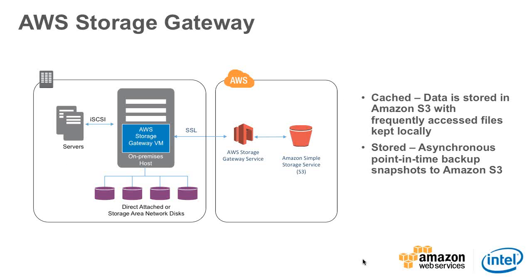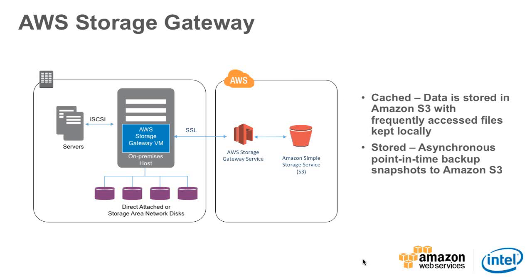Now, I talked about 3 different configuration options. The first one is cached. In the scenario where we opt for a storage gateway that is cached, data is always stored in Amazon S3, but you will keep a copy of frequently accessed files on your actual on-premise host.